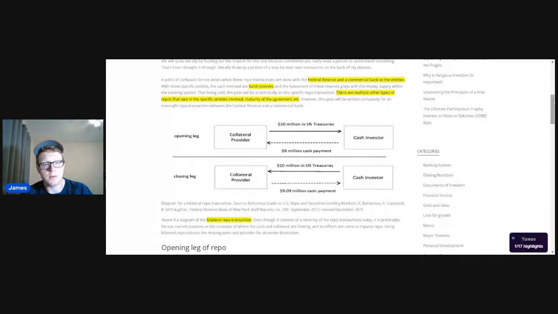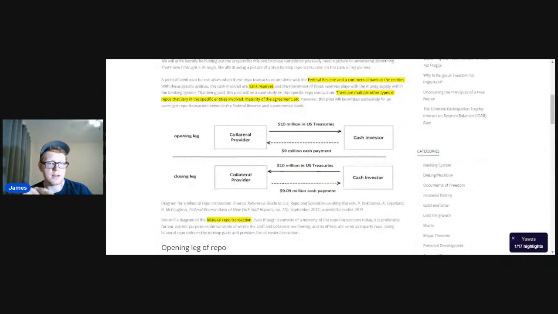And so basically what happens, or what can happen, is the Fed sells the treasuries to the commercial bank, who then can rehypothecate those, which means that they can use them as collateral for other loans, because it's called a repurchase agreement, not a loan.